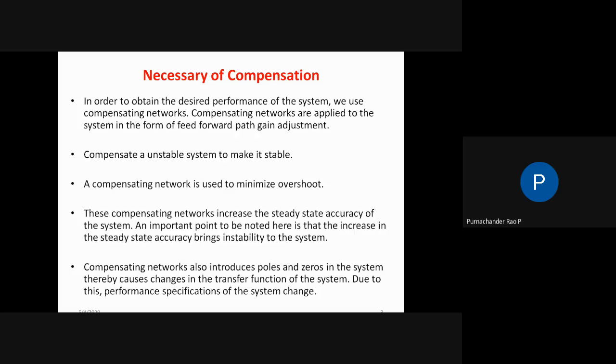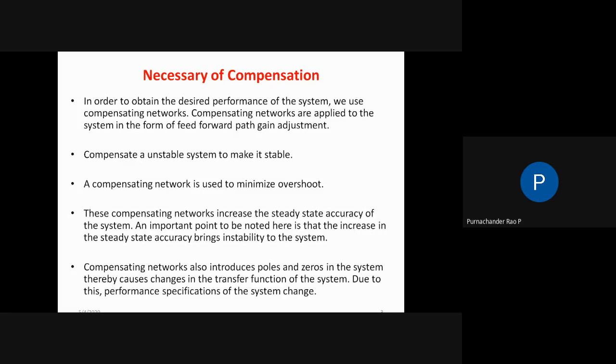But whenever a pole is added, the order increases, so the stability of the system gets reduced. This is a major disadvantage of adding a pole to the system. Okay, but we can improve the performance by choosing a very small value of steady state error, so that the system does not go into the instability region.